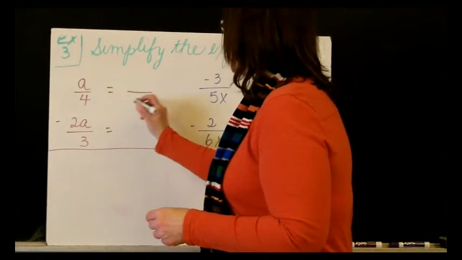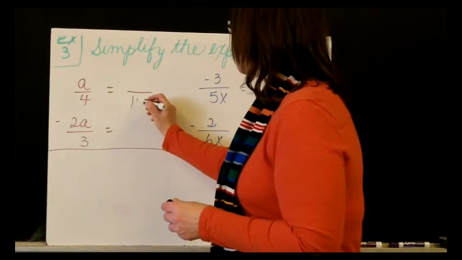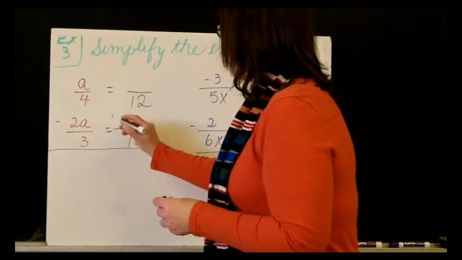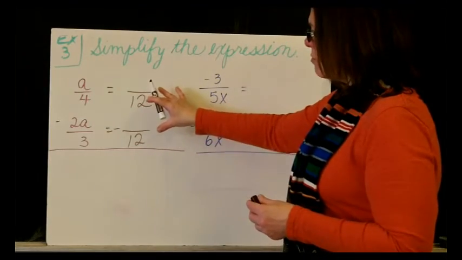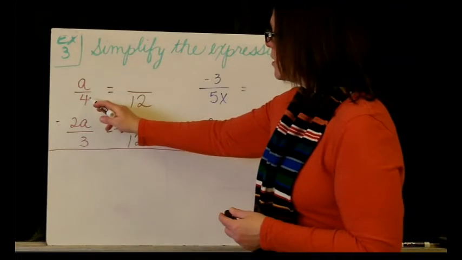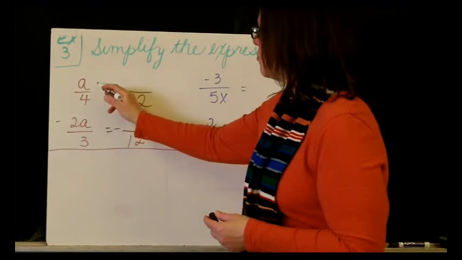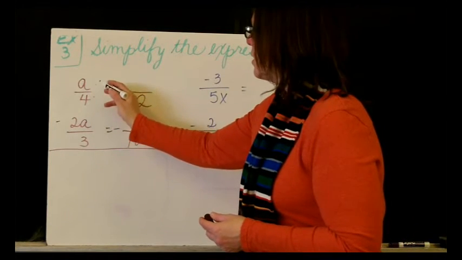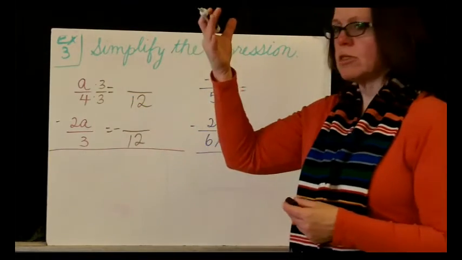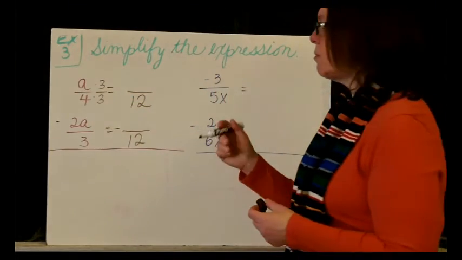Now the least common denominator of 4 and 3 is 12. So right away, first thing I do is I draw my fraction bars and write in my denominator. Now to go from a 4 to a 12, we have to multiply by 3. Now the way that you change the top number is the same way you change the bottom number.